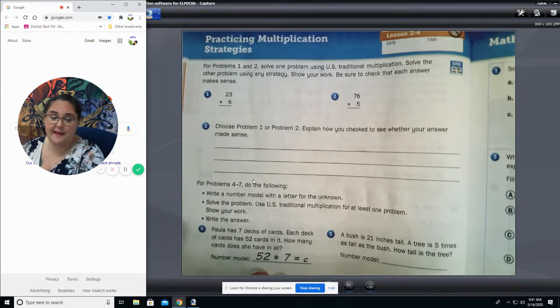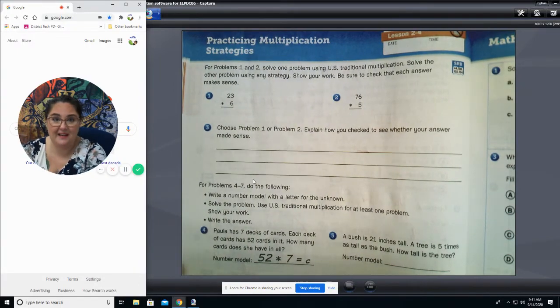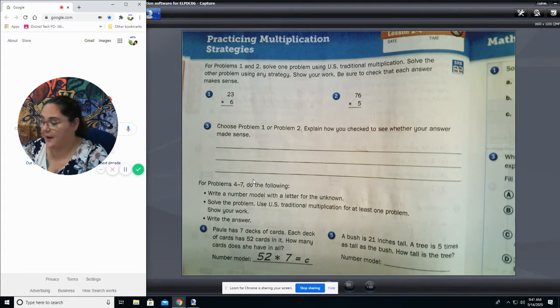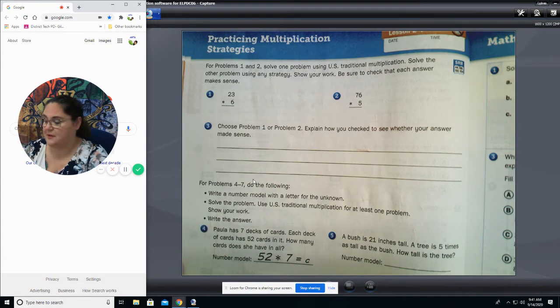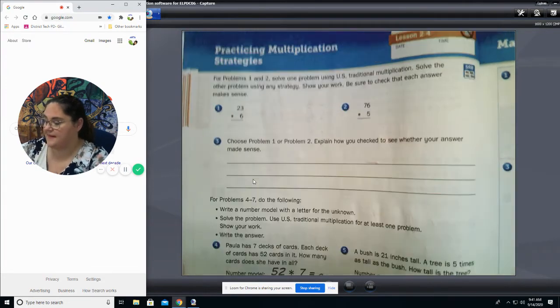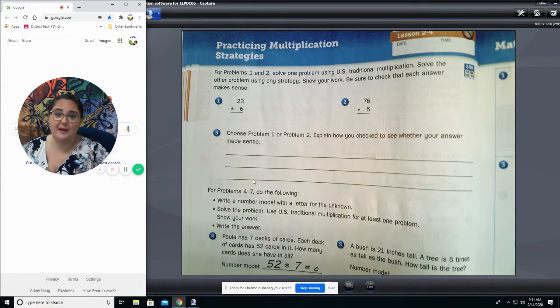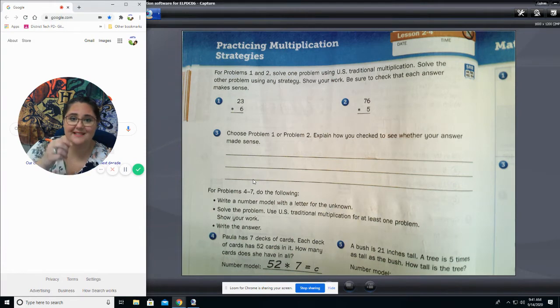Making sure your answer makes sense. This is big. I will tell you that I am a creature of habit. If somebody says, find the answer to this problem, and I just do it quick, a lot of times I don't check myself. That is not a good habit.